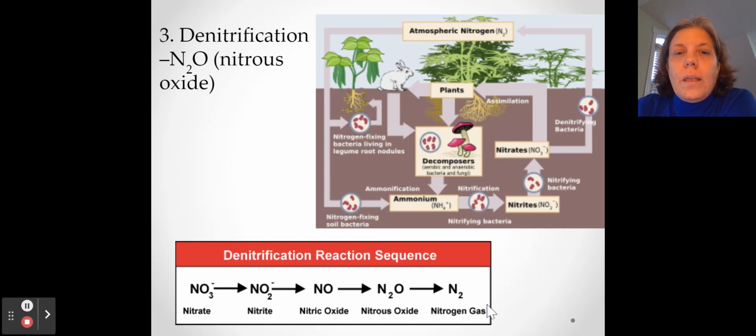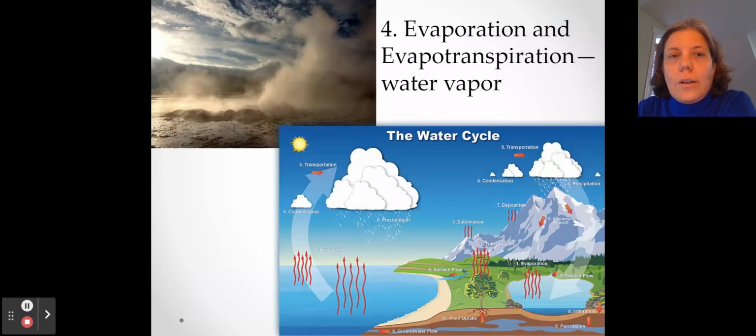Before, in the nitrogen cycle, when we talked about denitrifying bacteria and denitrification, we basically just told you that nitrate ends up turning into nitrogen gas. And yes, it does, but there are a couple steps in between. With that, we get a little nitrous oxide. So that's naturally a source of nitrous oxide, produced by the denitrifying bacteria.